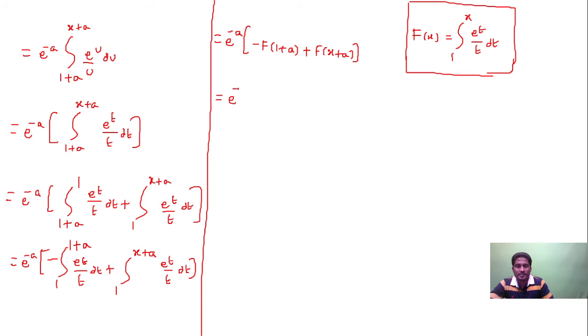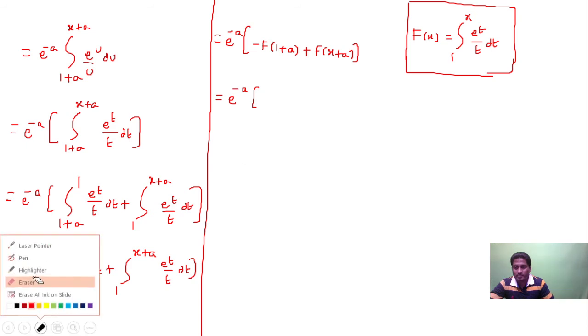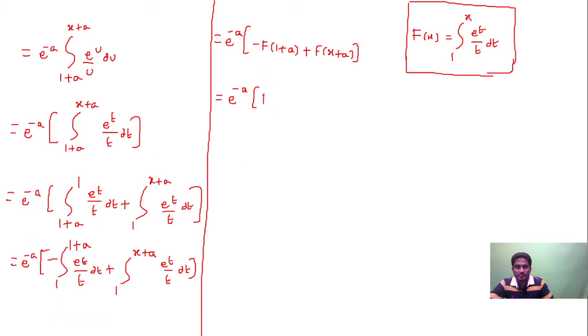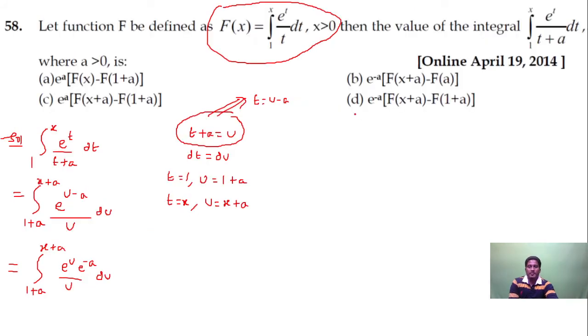This is equal to e to the power of minus a into a bracket, f of x plus a minus f of 1 plus a.